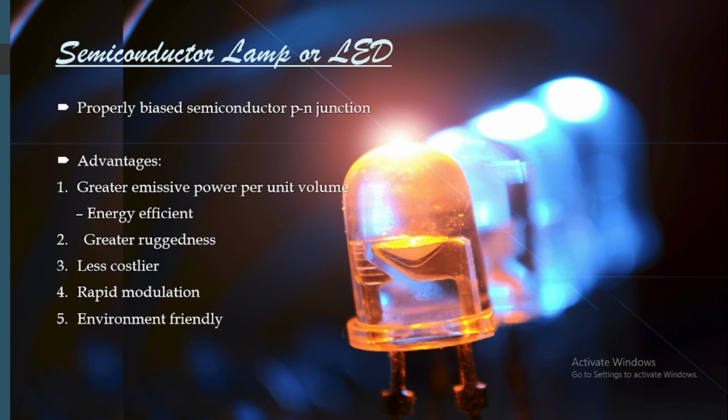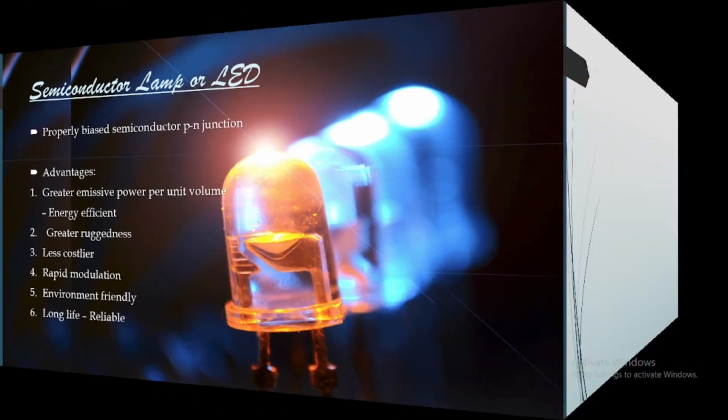Other advantages are that it is environmentally friendly and reliable, as it has a longer life. Some important advantages are listed here. Next we will move on to its operation and working.